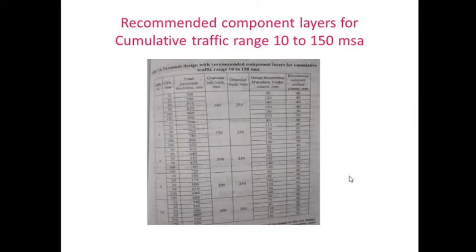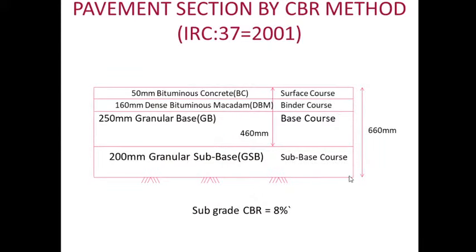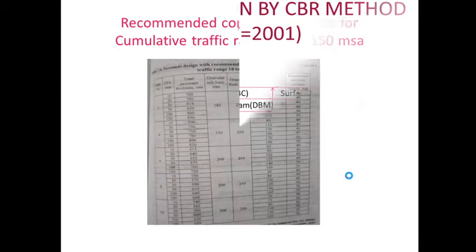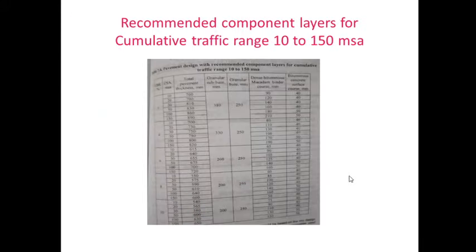For 150, where the CBR is 8, in the last row, the CBR is 8 and the cumulative standard axle is 150.